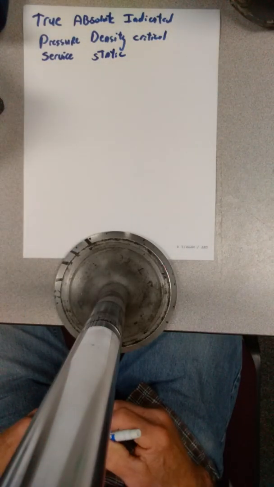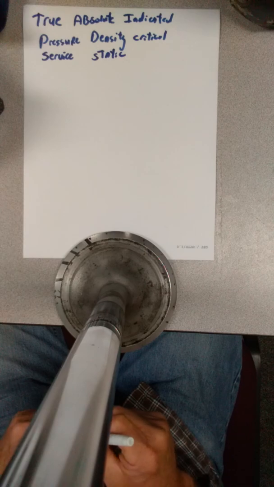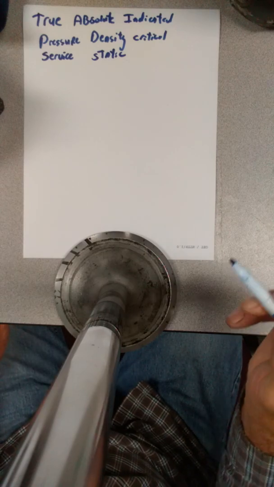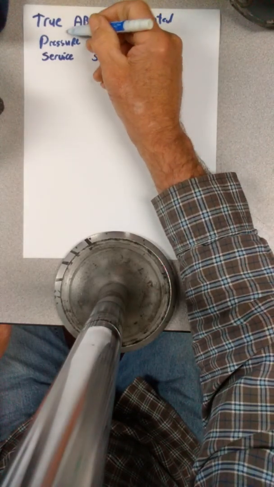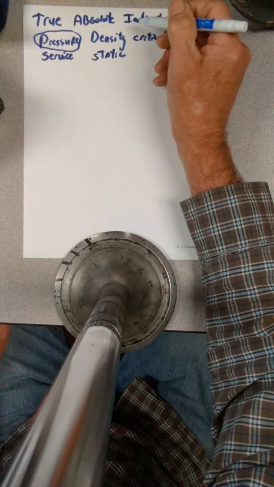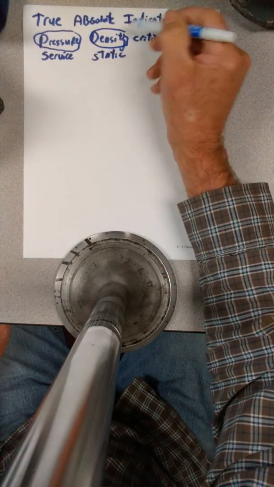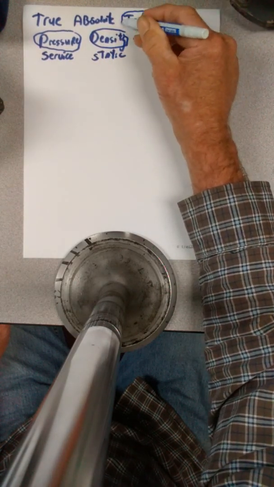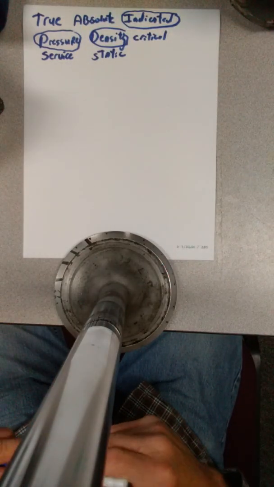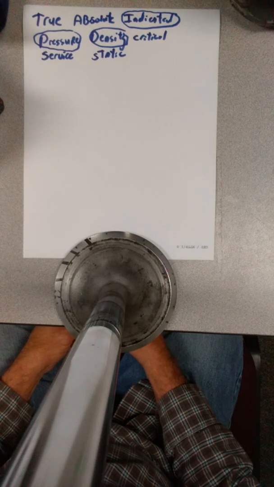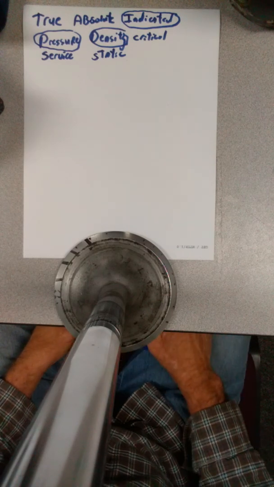Okay, the ones that are important in this discussion are mainly pressure altitude, density altitude, and indicated. So very quickly, true altitude is the height above mean sea level.